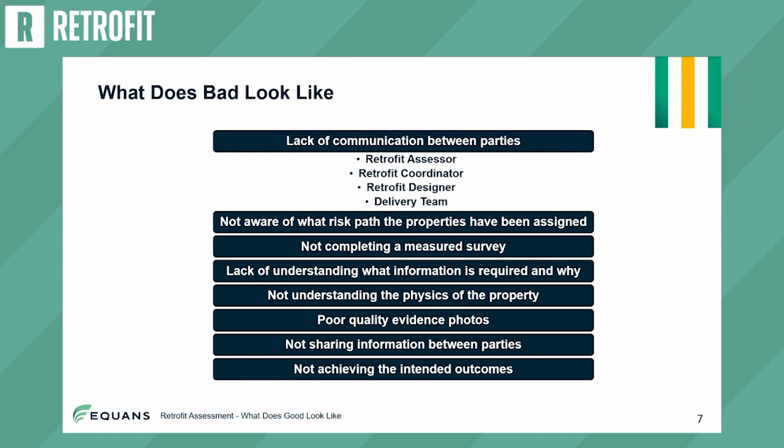But I've experienced where we've seen assessors going down the same road, and you've got different age, the age is wrong, the construction is wrong, and they're next door to each other. There's no communication between each other. And at the end of all this, bad stuff is you're not achieving the outcomes you're looking to achieve because we haven't collected that necessary information.